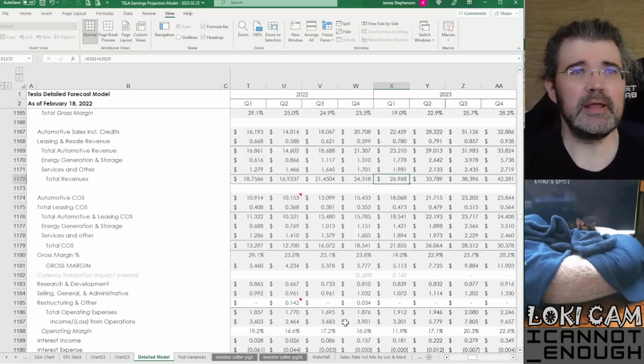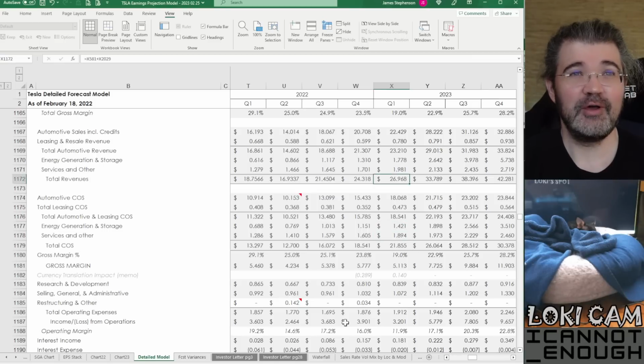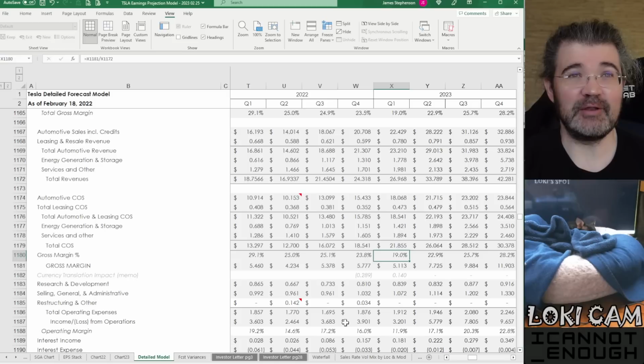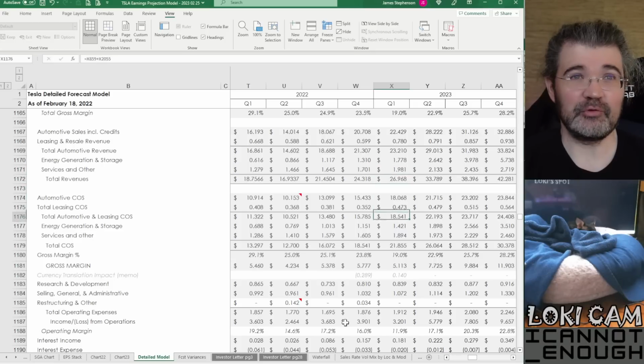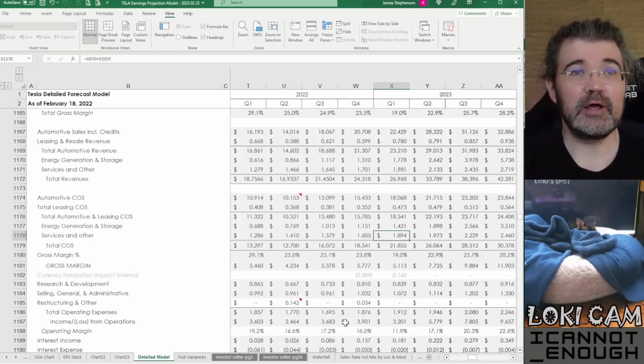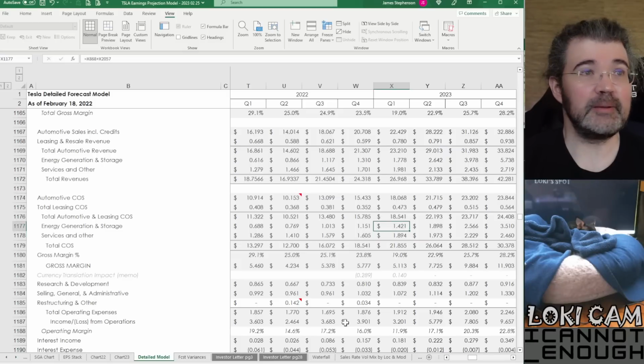So, I'm forecasting record revenues, record automotive revenue, record energy generation and storage revenue, record services and other revenue.